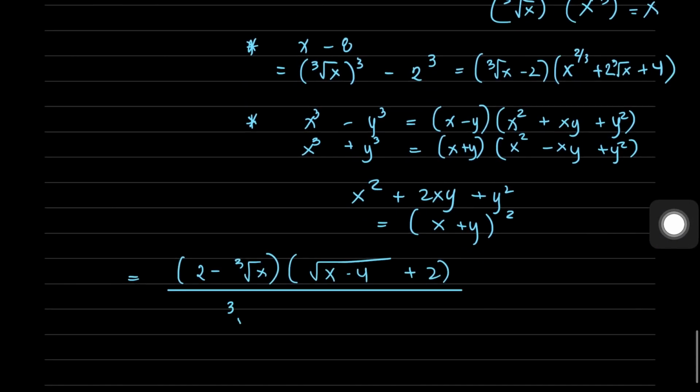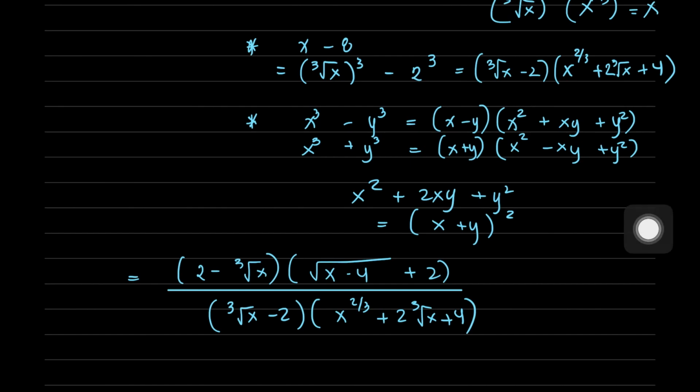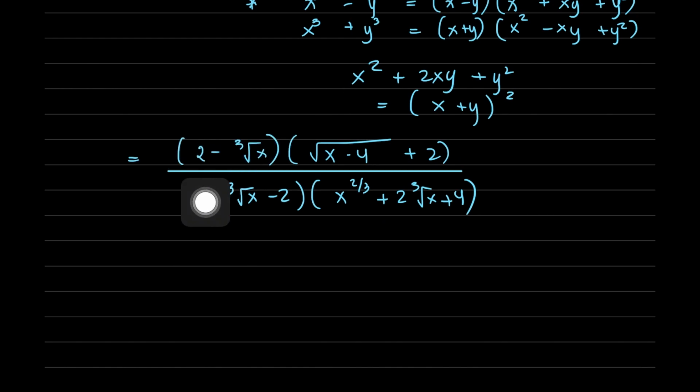That is now cube root of x minus 2 multiplied by x raised to 2 over 3 plus 2 cube root of x plus 4. Can I now cancel out this factor with this? Not yet, because they are not yet equal.